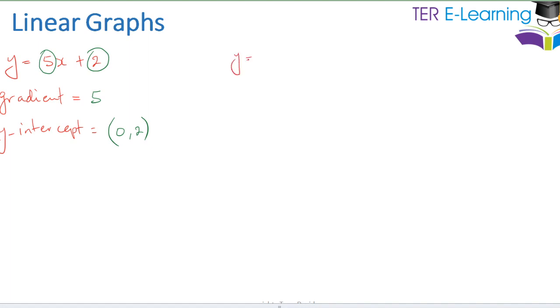Let me give you another one. Actually no, sorry, let me change this. I'll give you something else. Let's say y equals minus 2x plus 1. I want to know what my gradient is and what is my y-intercept.